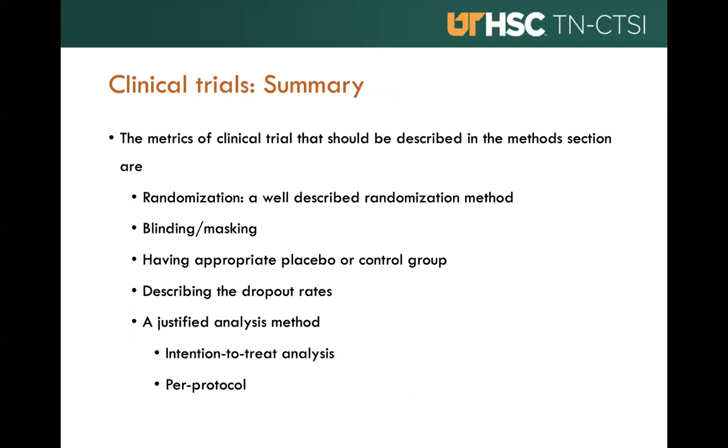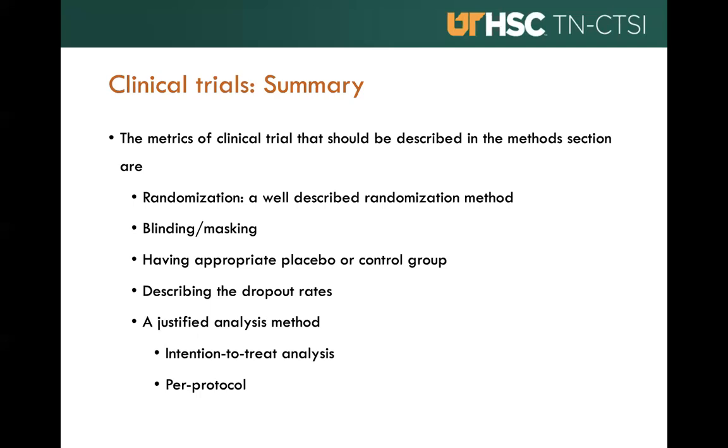Overall, the metrics of clinical trial that should be described in the method section in great detail are about randomization: what kind of randomization mechanisms have been used, and whether randomization has been achieved. This has to be described, and we have to describe what method we use. Is it a simple randomization where we just toss coins?